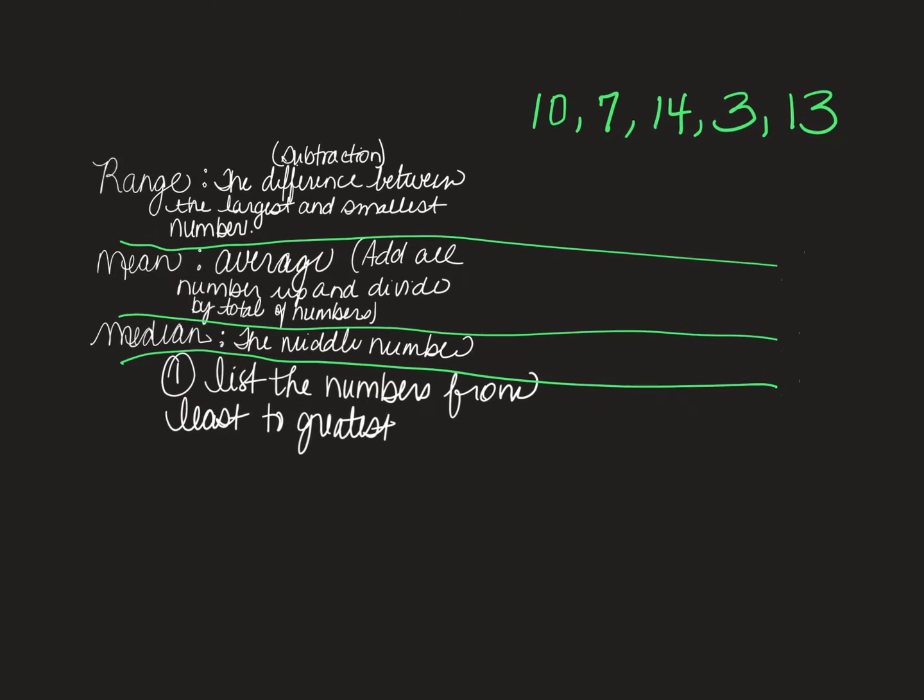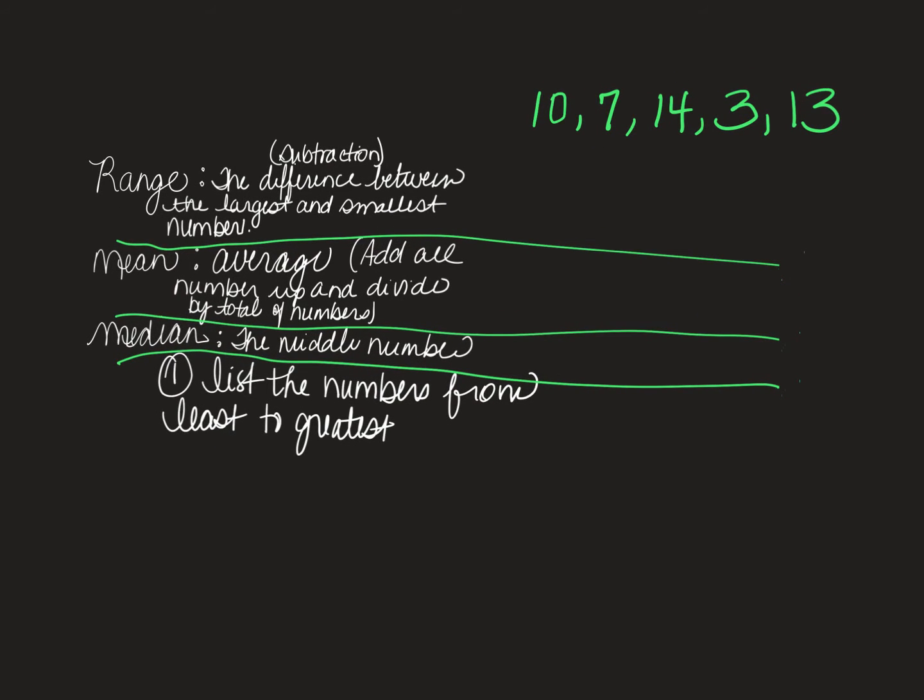So the first thing I'm going to do is list them from least to greatest. What is the smallest number here? 3. Then 7. Then 10. Then 13. Then 14.